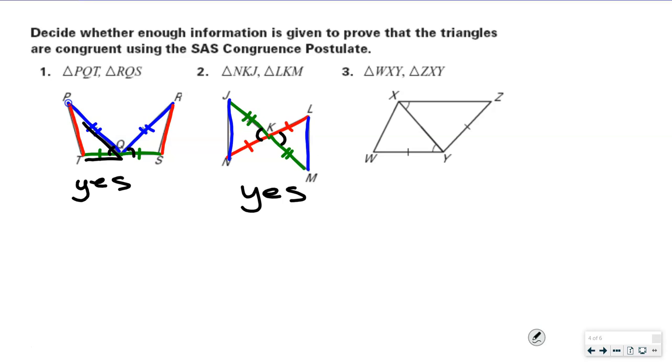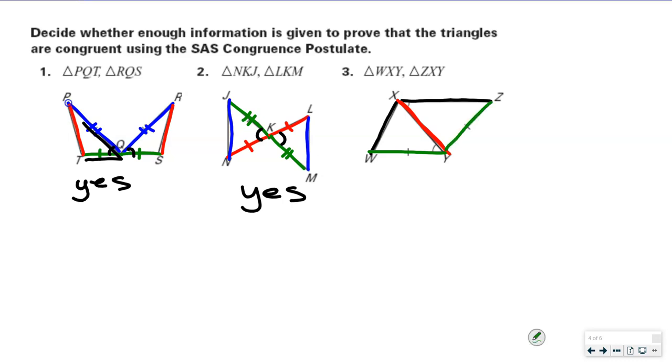Then number 3, we have WXY. From W to X, X to Y, and then from Y to W. Then Z to X, X to Y. It's following that red line still.